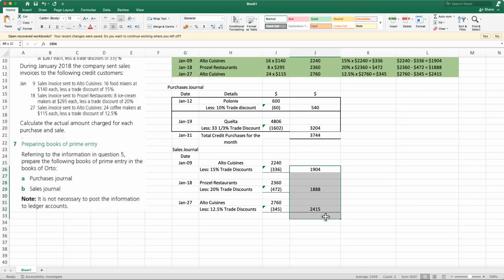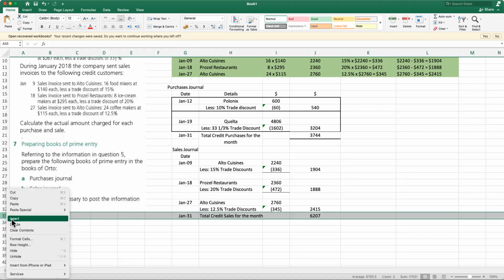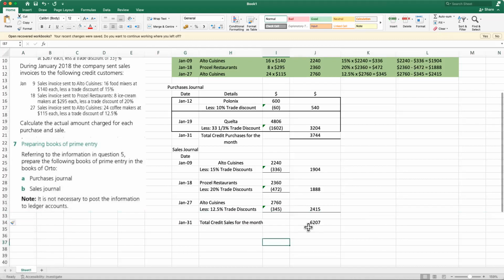So I'm just going to write this plus this plus this. And that's the total credit sales. The date will be the end of January. If you're not comfortable, you can just extend the line so that it looks clearer.